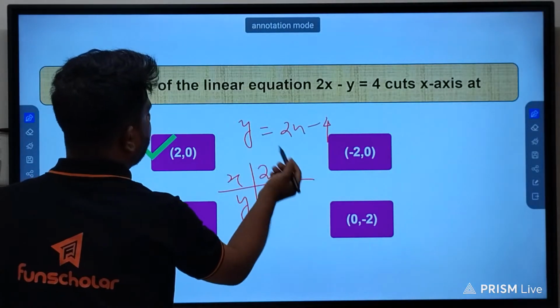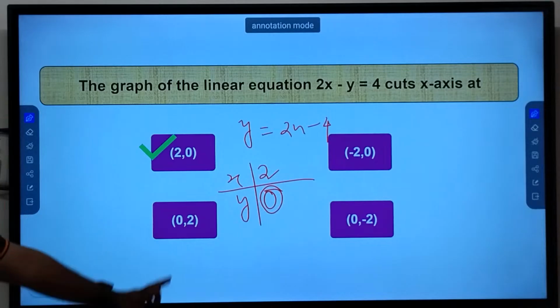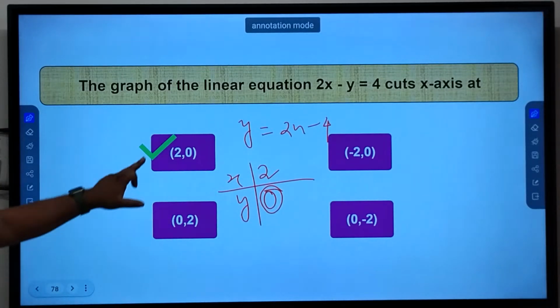So the value which we are getting 0 in y's place is 2, 0. So 2, 0 will be the answer.